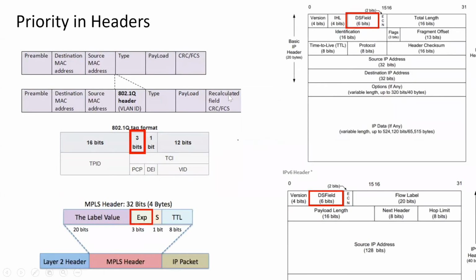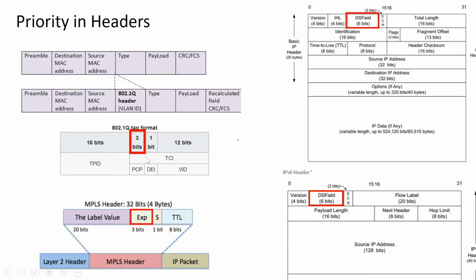So the next thing that we do is we look at the priority information in the frames or packets that are being received to determine what we're going to use for an internal COS for these packets. So if it's an Ethernet packet with a VLAN, we look in the VLAN header and there's 3 bits of PCP. So values from 0 to 7, and that's our priority.